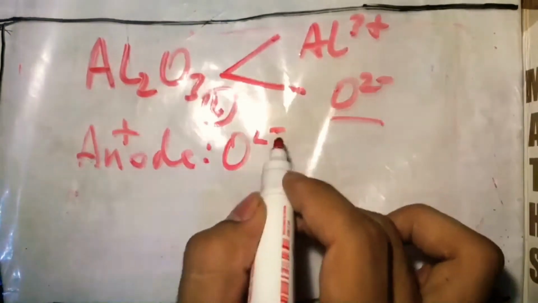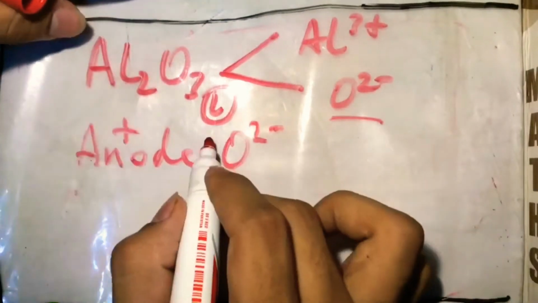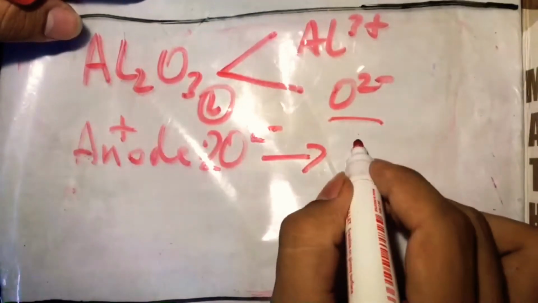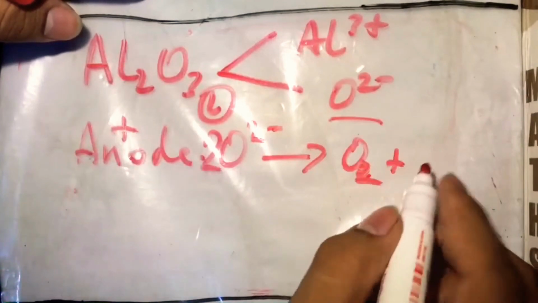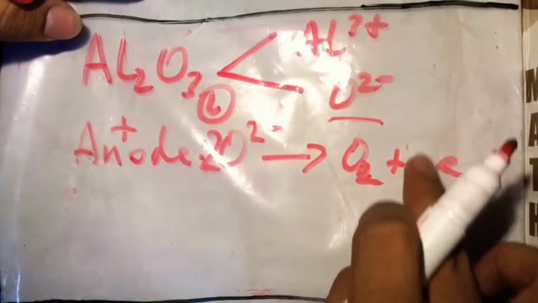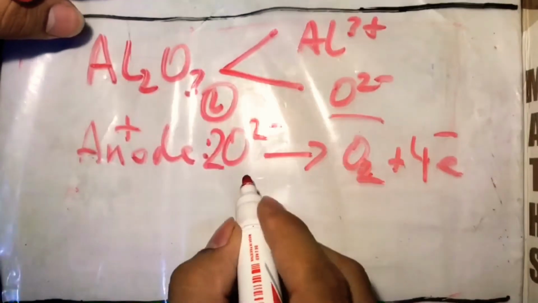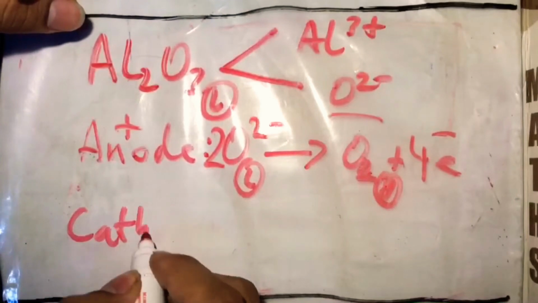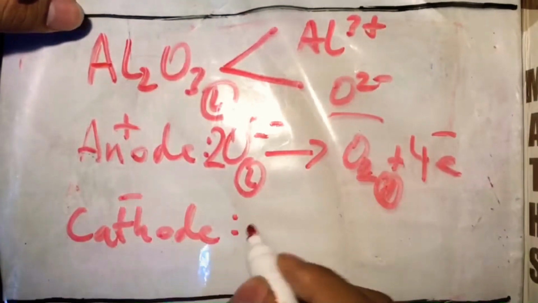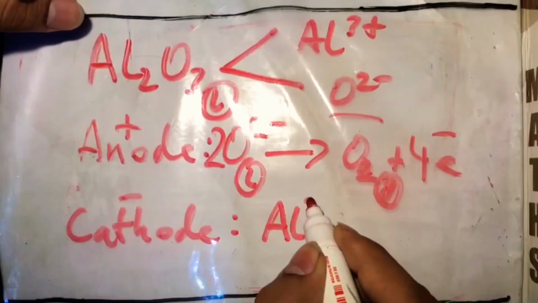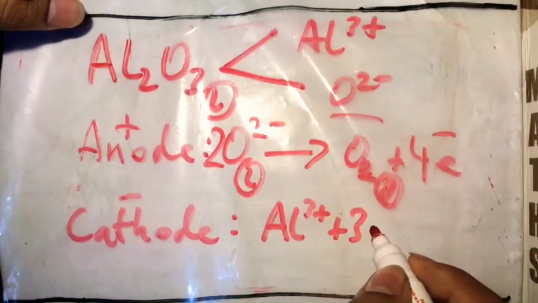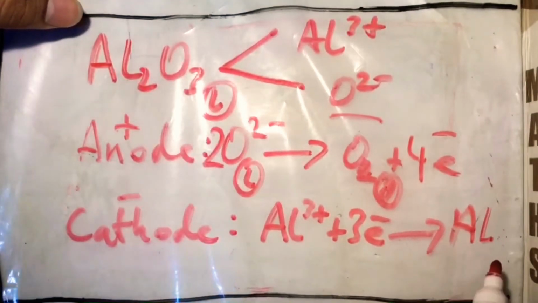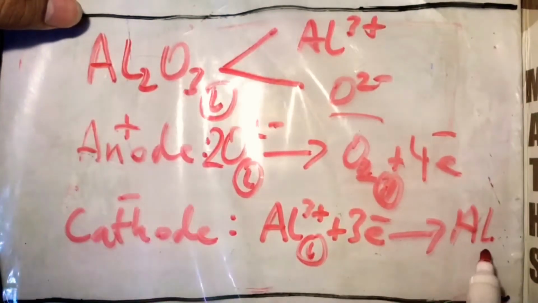Here it loses its electrons to form oxygen plus 4 electrons. This is liquid, this is gas. At the cathode, the aluminium ion gains electrons to form aluminium. This is liquid, this is also liquid.